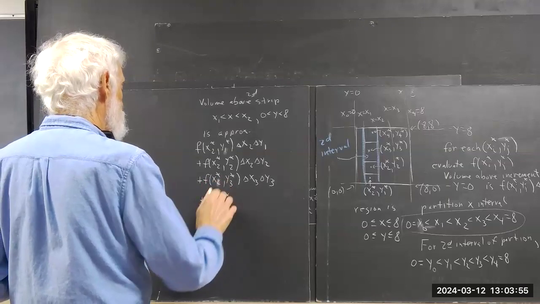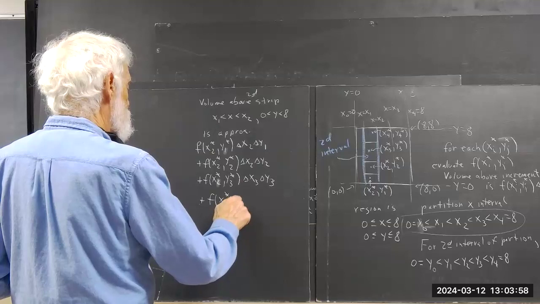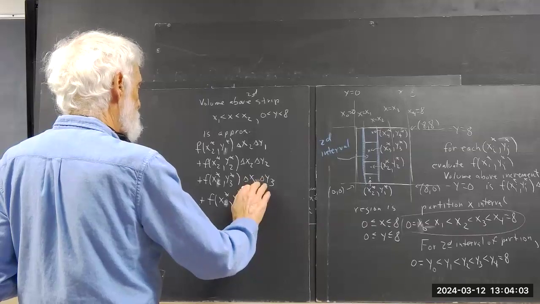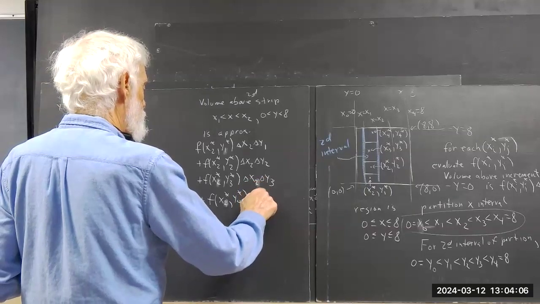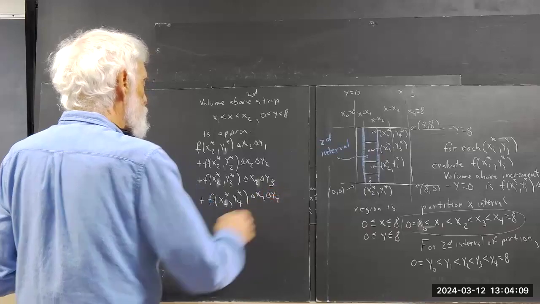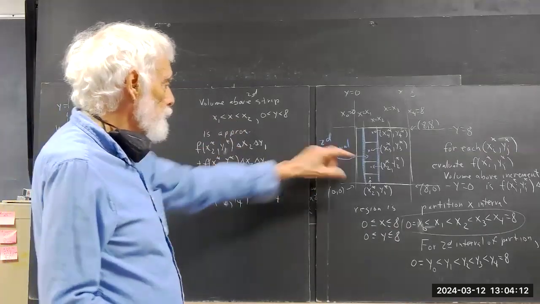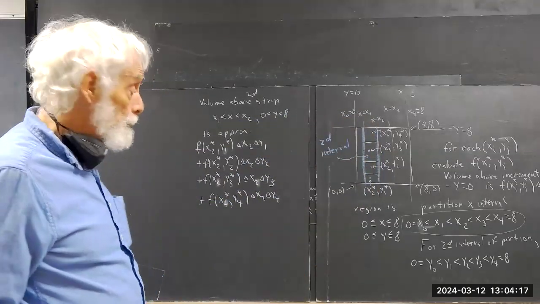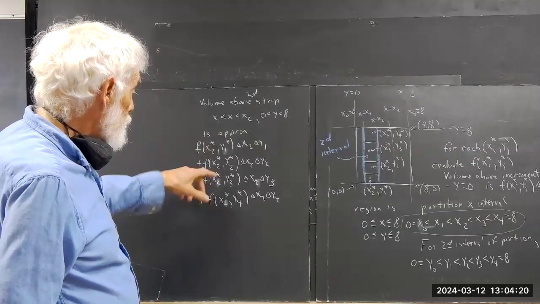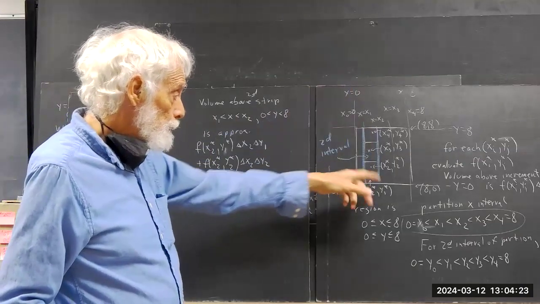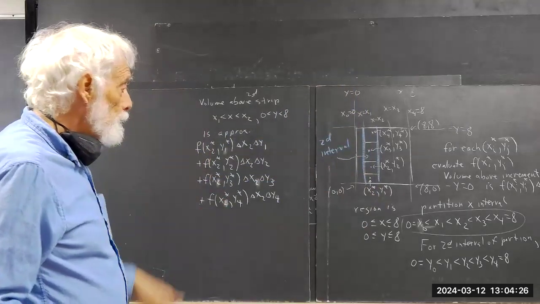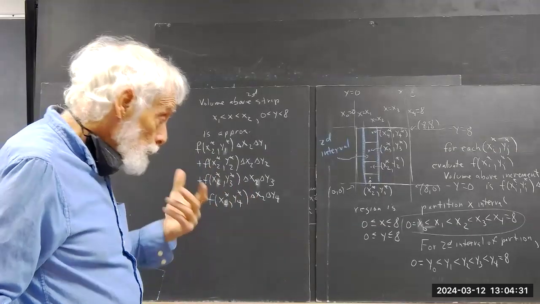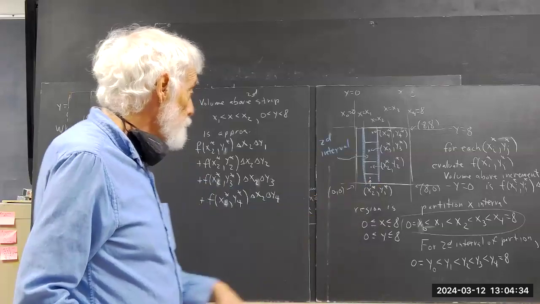Okay, again, all my delta x's are delta x2, so I'm just talking about this strip, right? And all my x's are x2 stars because I'm using sample points within the strip, so that all these x2 stars are between x1 and x2.